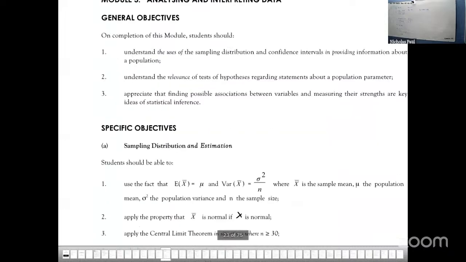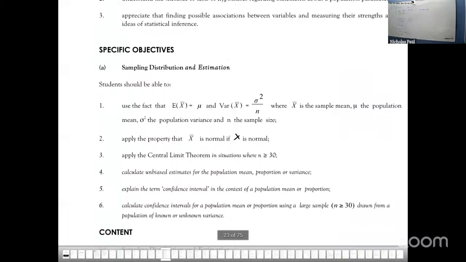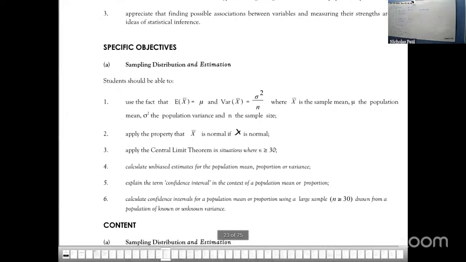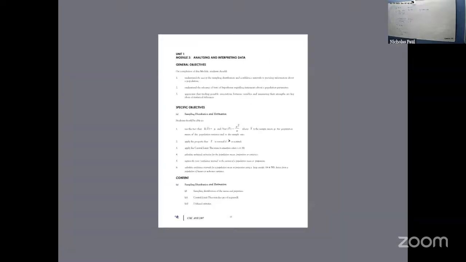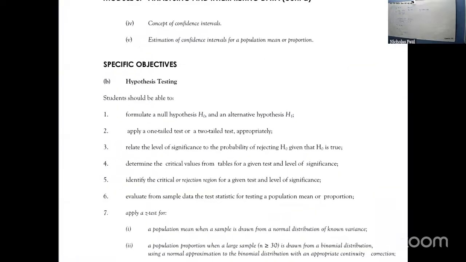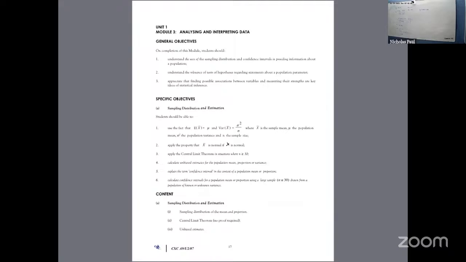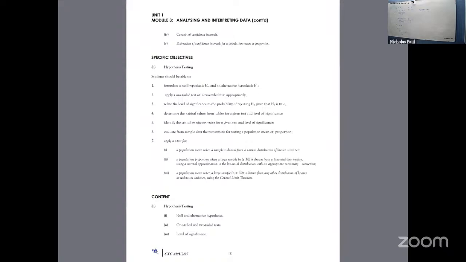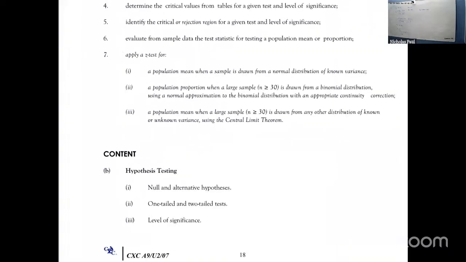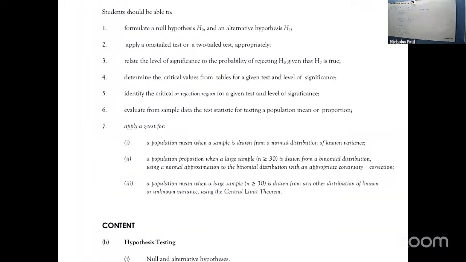The next thing that we're going to do is sample distributions. So we're going to do point estimates, where you estimate a point, like mean or variance, from a sample. And then after that, we are going to do something called confidence interval. So we're going to try to estimate mean within an interval. And lastly, we'll do hypothesis testing, where we set up hypotheses and test to see which is correct. So those are the three types of testing that we're going to do.